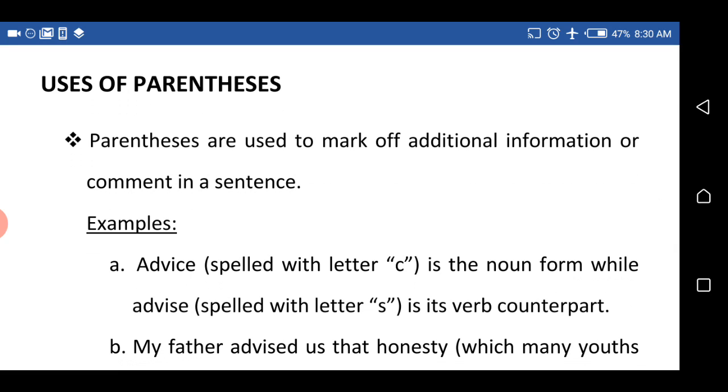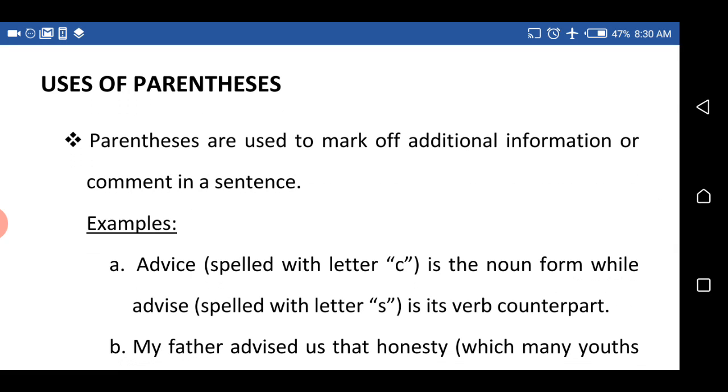You would observe that without the information contained in the brackets, it still makes sense when you say advice is the noun form, while advise is its verb counterpart.